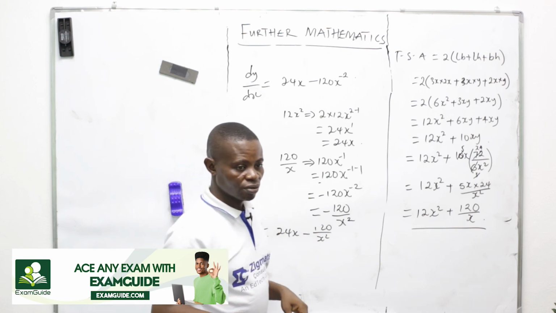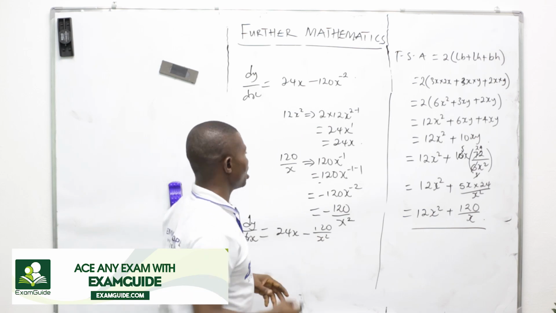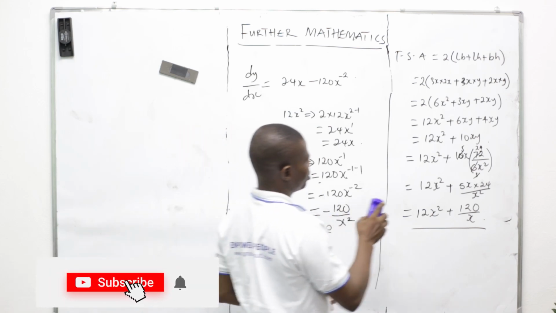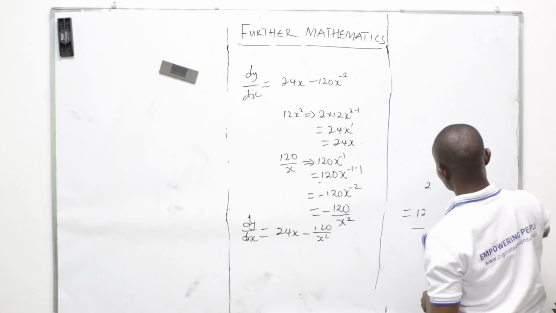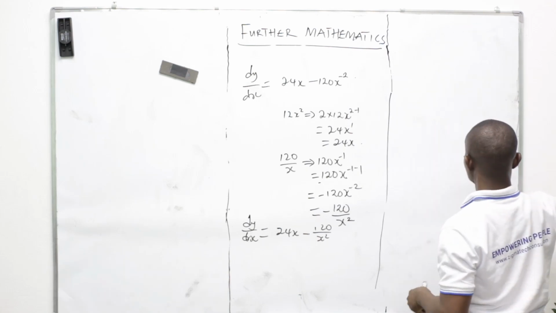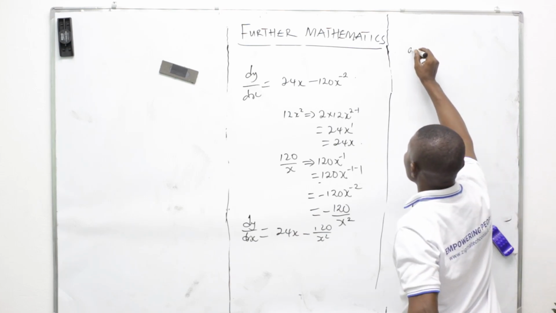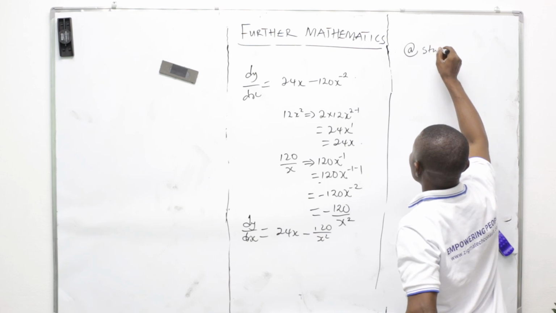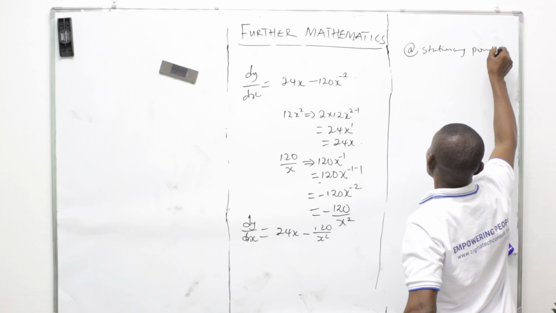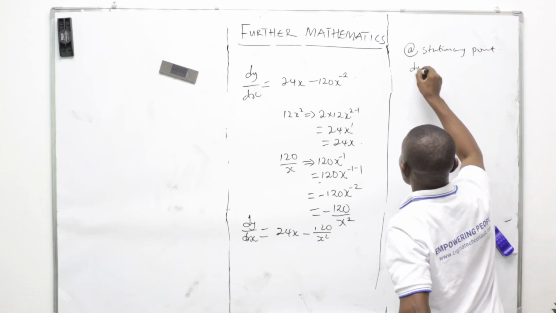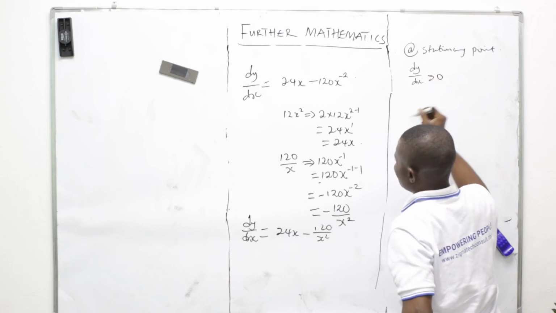But the question is find the value of x at stationary point. At stationary point, dy dx is equal to 0.